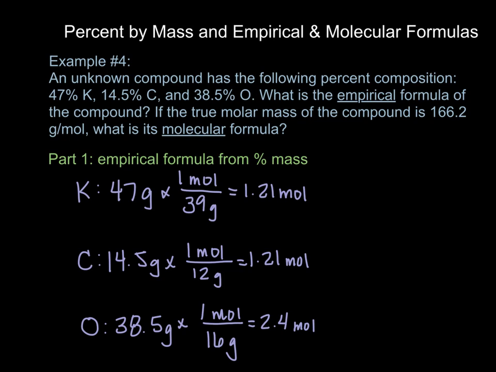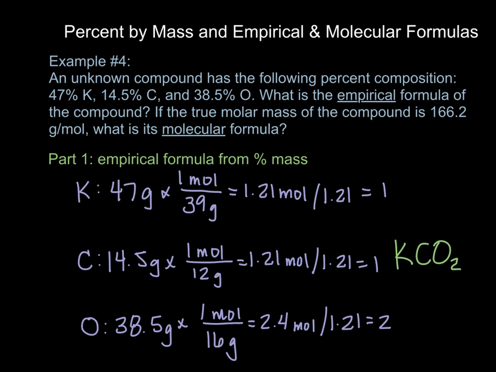But since I can't have decimals, I need to clean this up by dividing by my smallest number of moles, which is 1.21, so that I get a whole number ratio. So this is going to be 1 to 1 to 2. So my empirical formula is going to be KCO2.